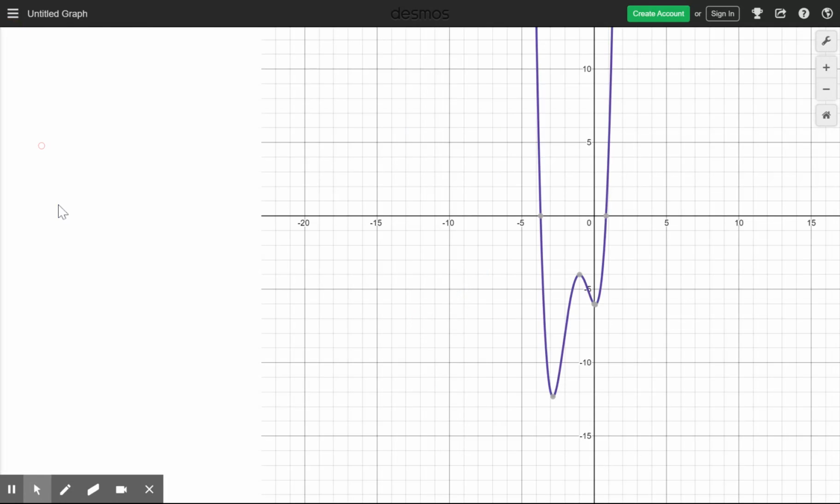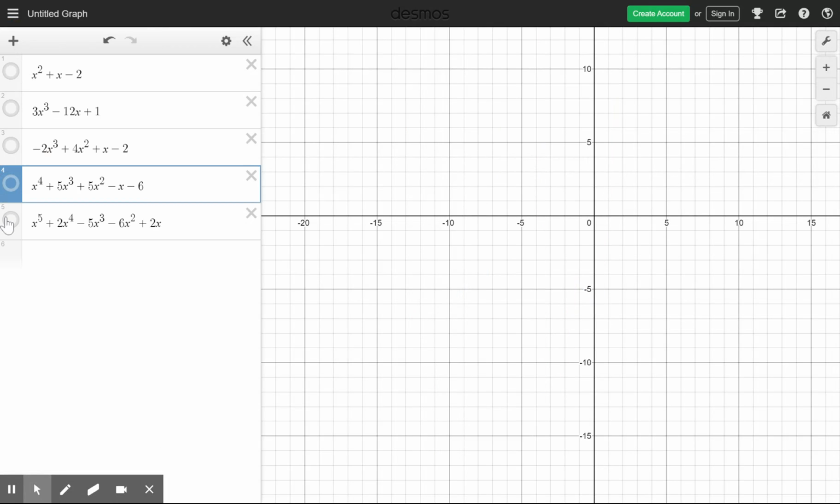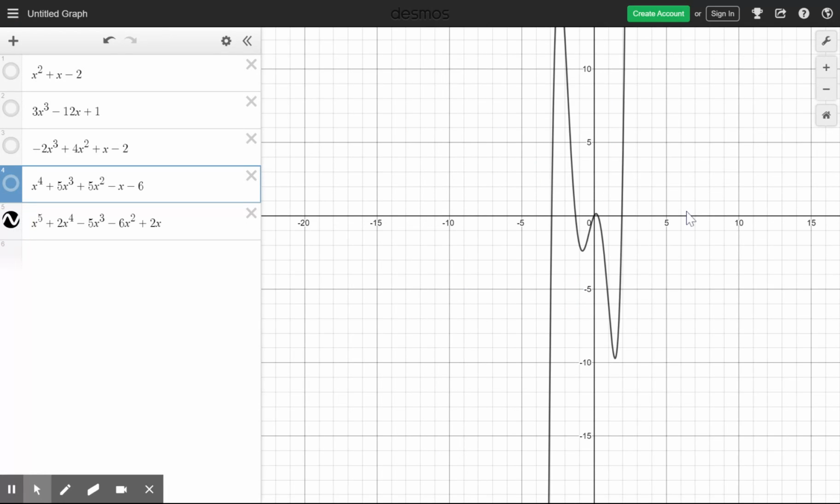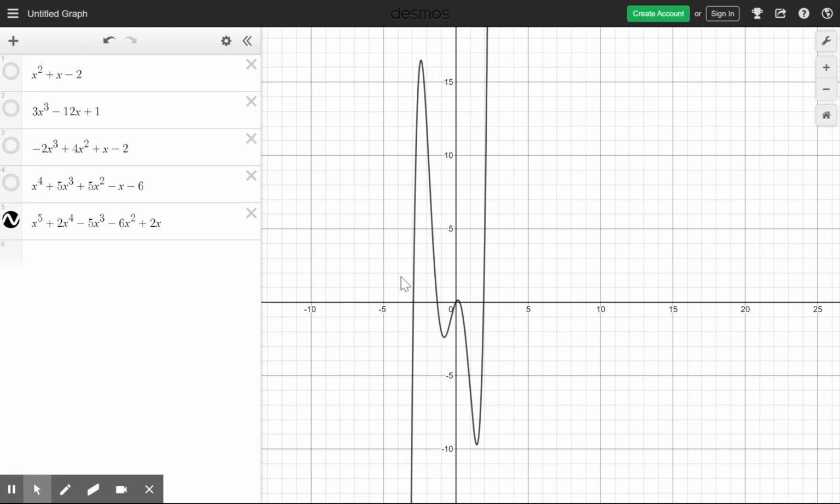So now I'm going to look at the last one, which is the one that says x to the fifth. So I actually see 1, 2, 3, 4.